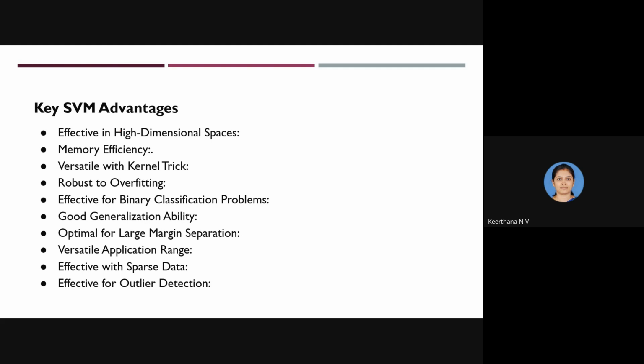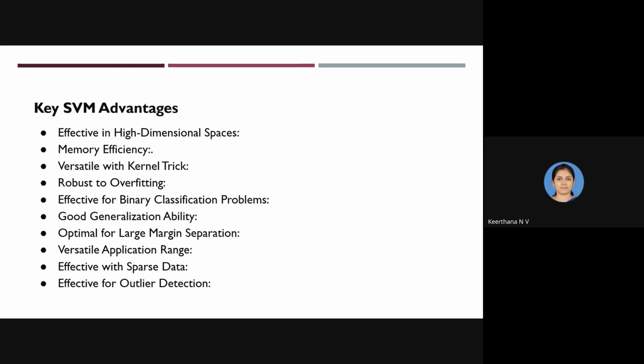With properly adjusted parameters, it can handle imbalanced data, such as by tuning the regularization parameters or assigning different weights to the classes, in real world scenarios where one class is underrepresented. So that's why it is very effective for binary classification problems.